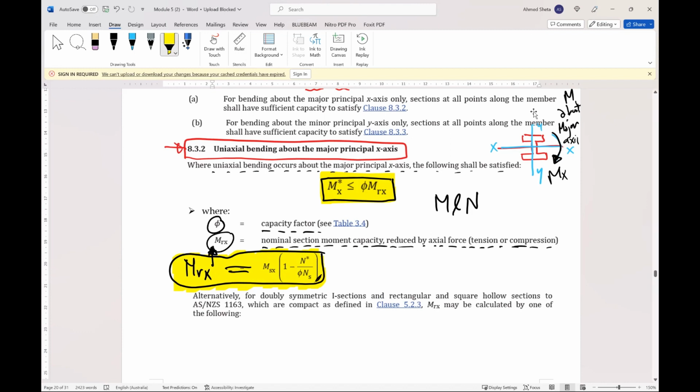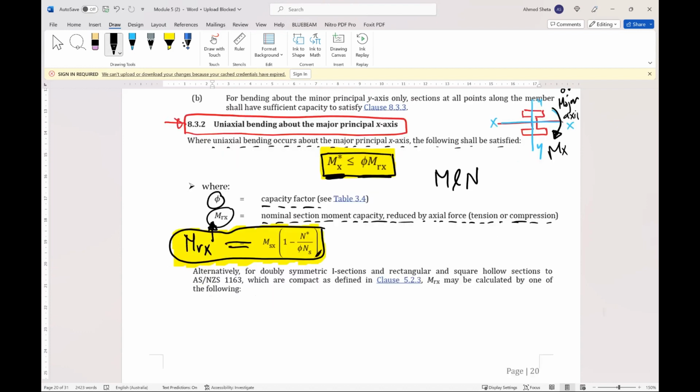Okay, so this is Mrx. So here, for the section, the uniaxial bending moment about the major principal axis, Mx star, sorry, should be less than phi Mrx, where Mrx is Msx times 1 minus N star over phi Ns. Okay.